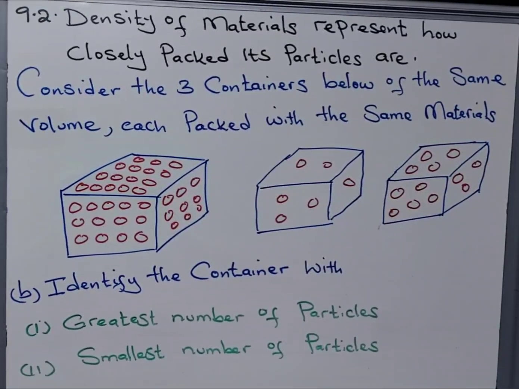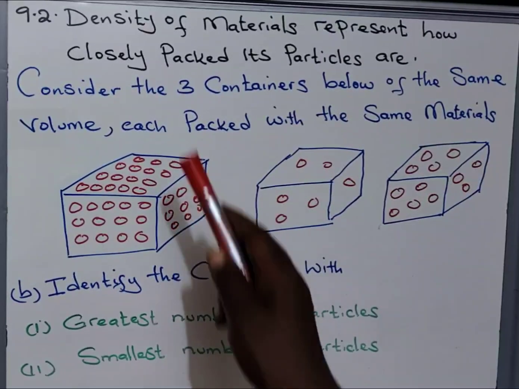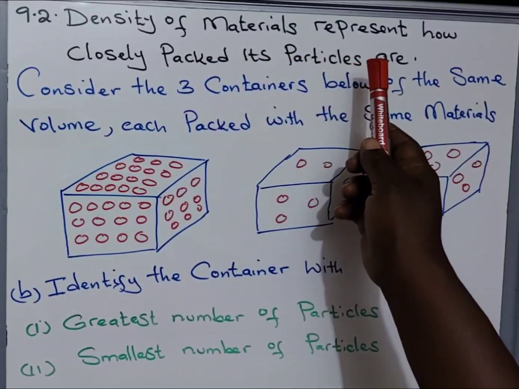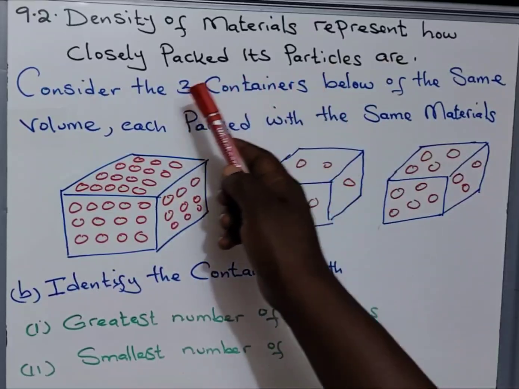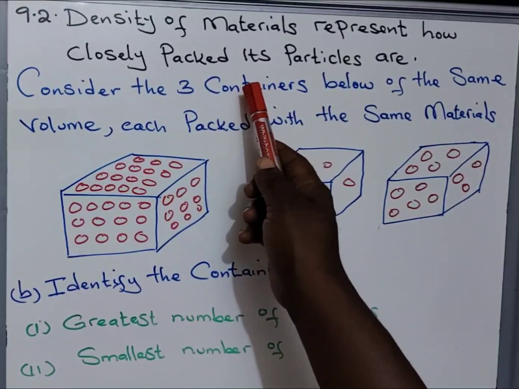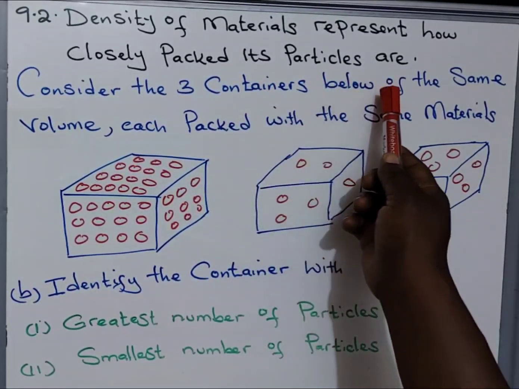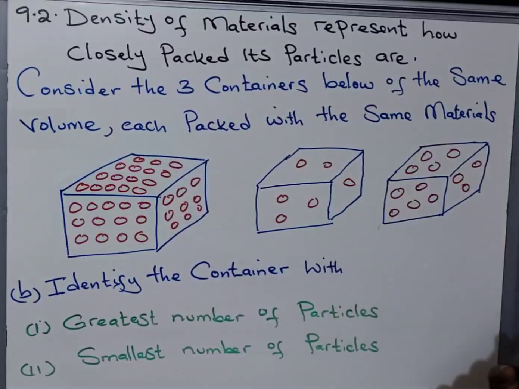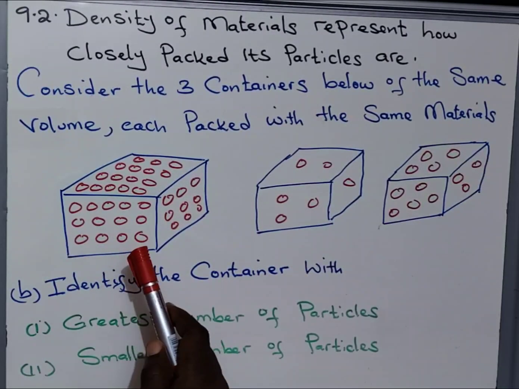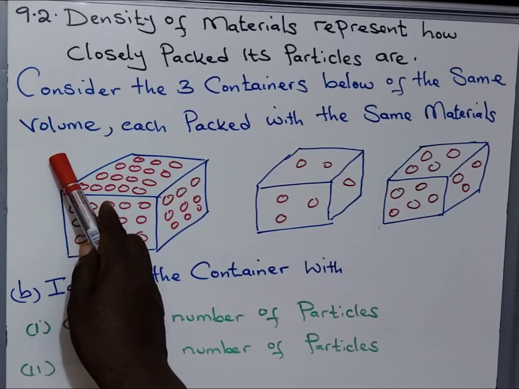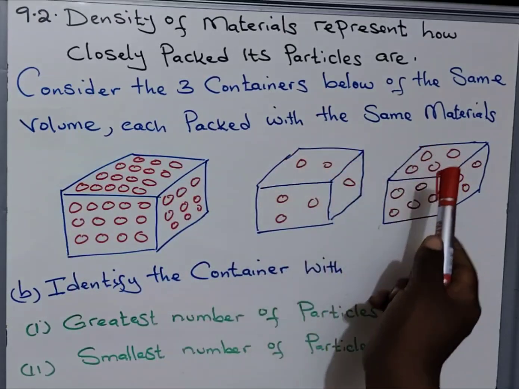Then comes this question. It says that density of material represents how closely packed its particles are. Consider the three containers below of the same volume, each packed with the same material.